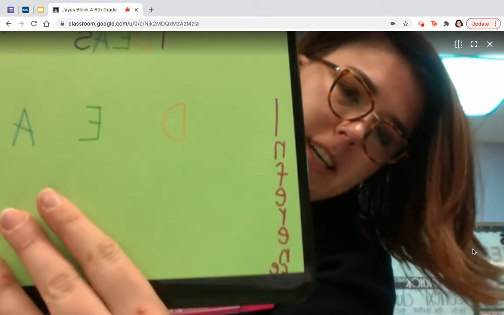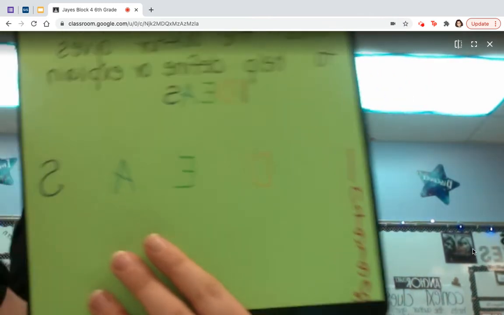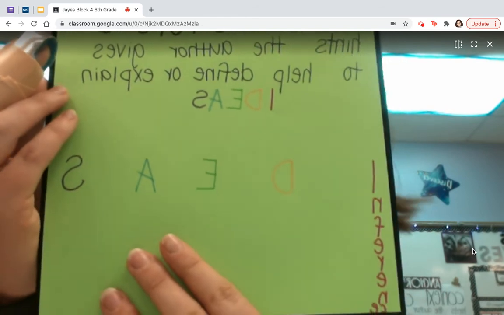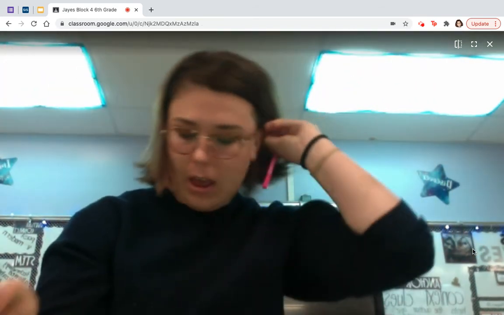Inference. You can make an inference about what is happening using the information you have to make conclusions. Note to self, write smaller.